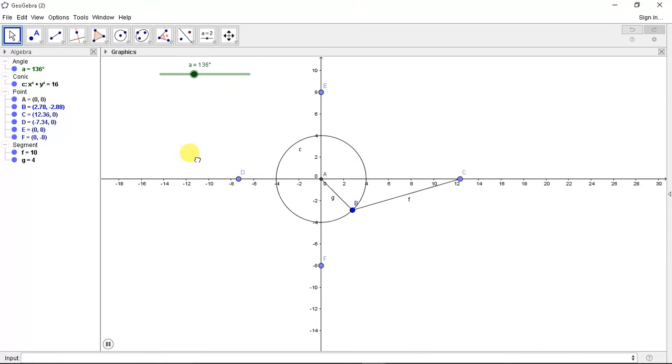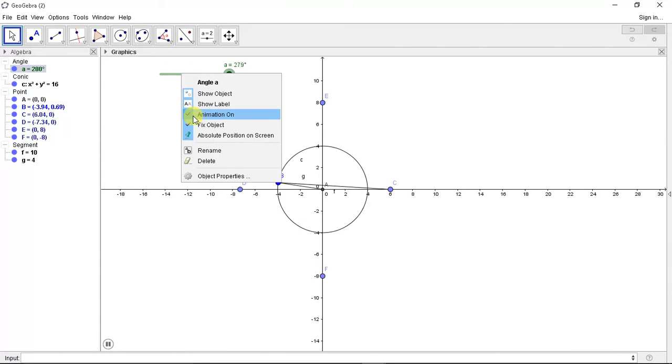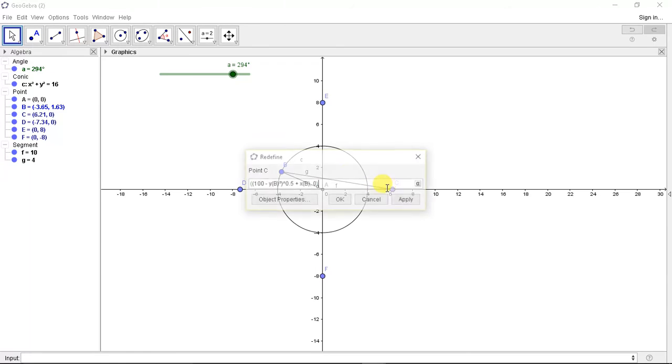Let's pause this. Let's use the coordinates of C. Only the under root sign will change, so it will be minus here.